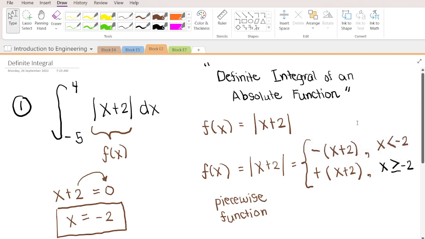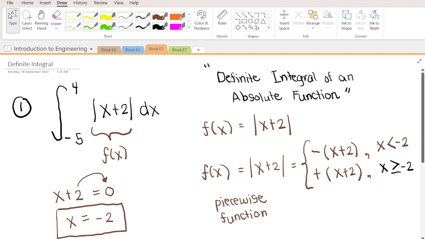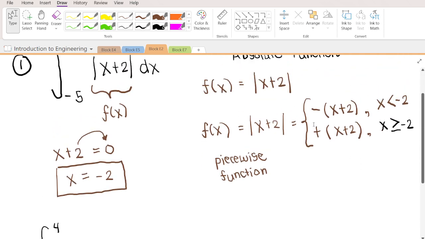values of x are from any value of x that is just less than -2. But for the positive side of the absolute value function, the values of x must be equal to -2 or greater than -2.